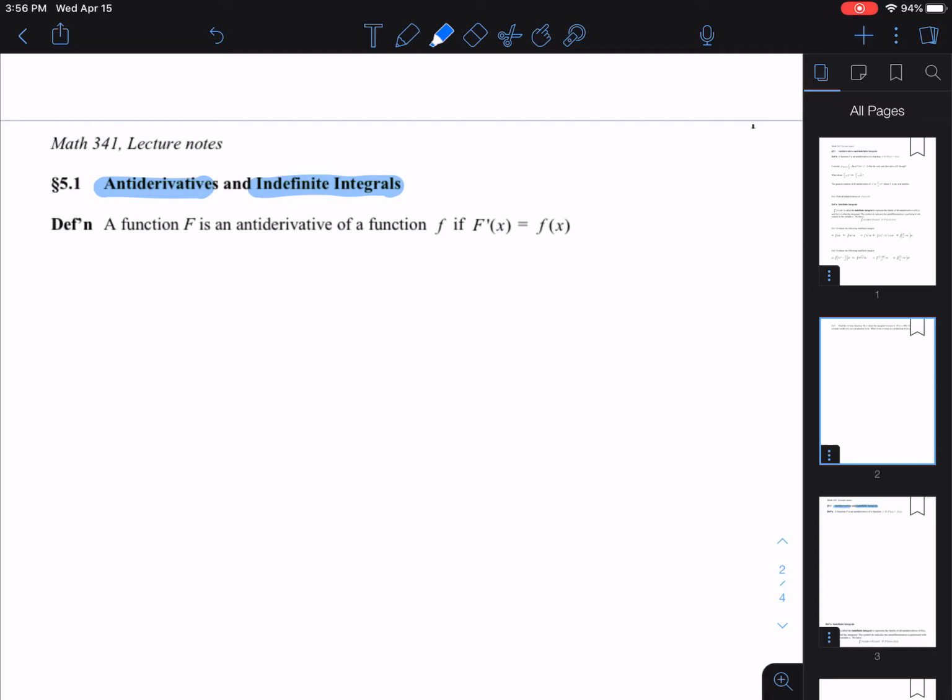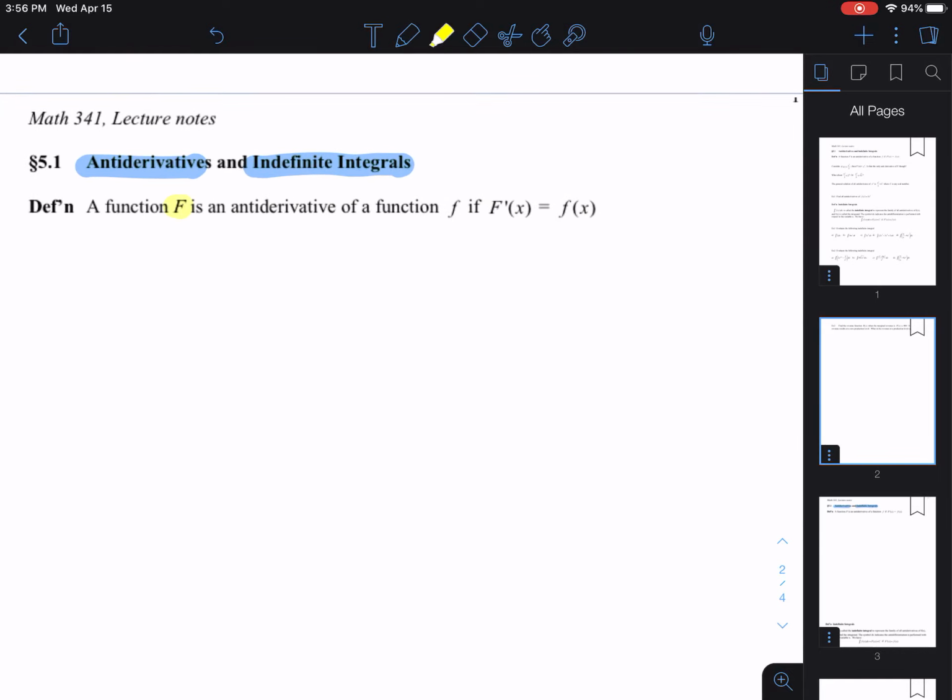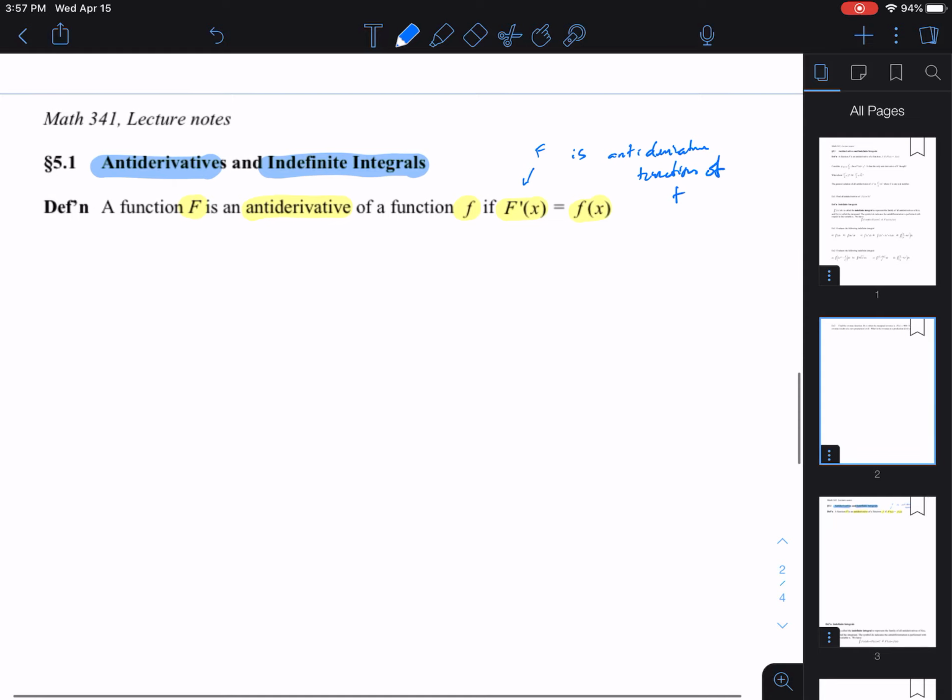So the definition says that a capital F function is considered to be an antiderivative function of the lowercase f if we take the derivative of capital F and we get the lowercase f function. So that's pretty much what the definition is saying. But let's start out with an example here.